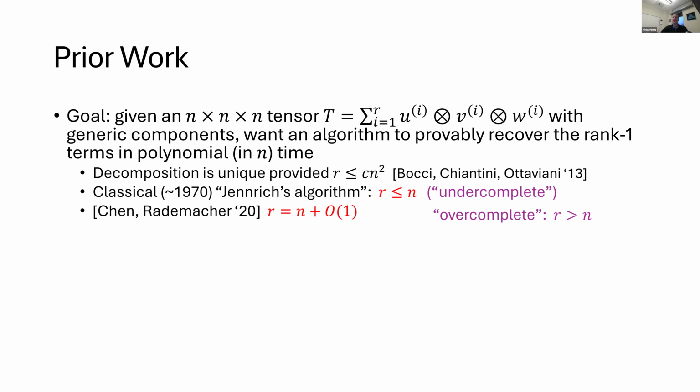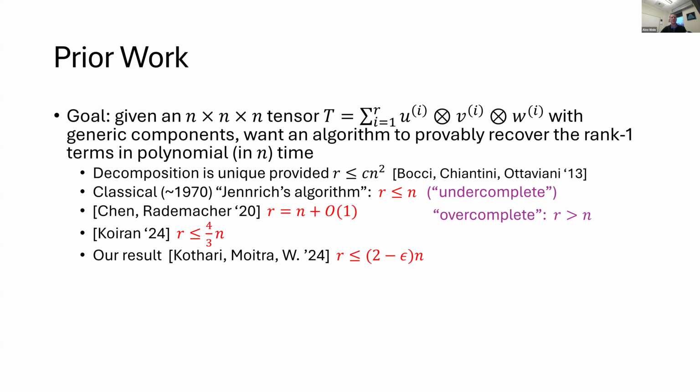And the overcomplete case has been kind of a big challenge for a while. So eventually we found algorithms that can go into a slightly overcomplete setting. And then more recently, there was a breakthrough where we can get now a constant times n.